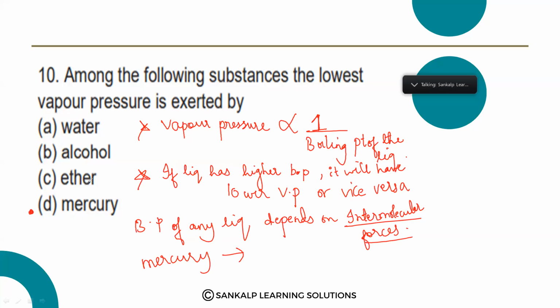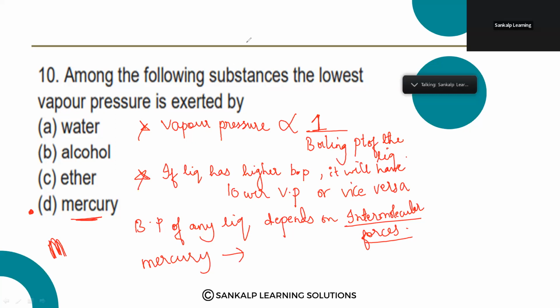Now, magnesium is a metal. Whenever you are talking about metals, like the mercury metal, the forces which are acting between the metal atoms, whenever you have metal-metal interaction, are very strong.